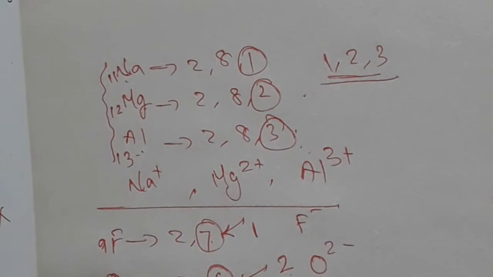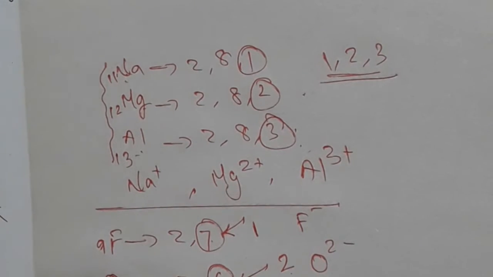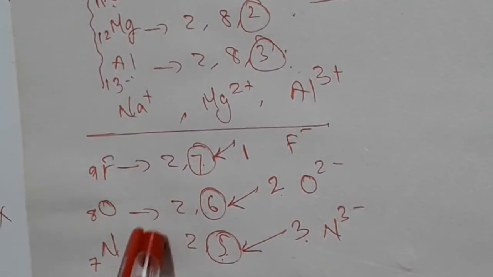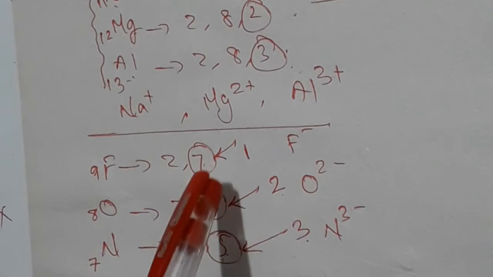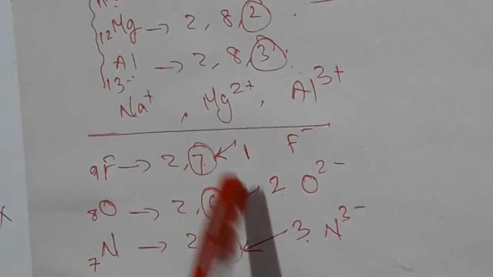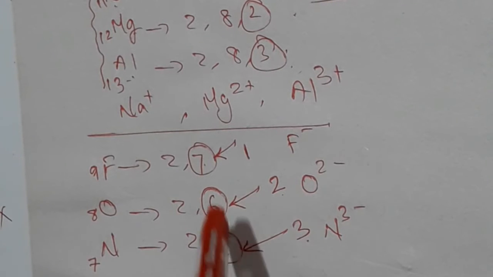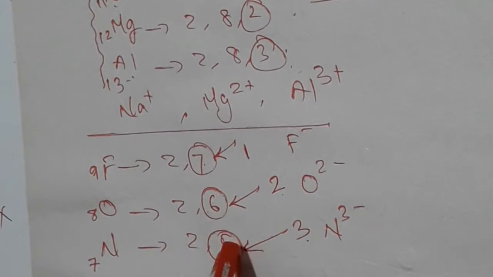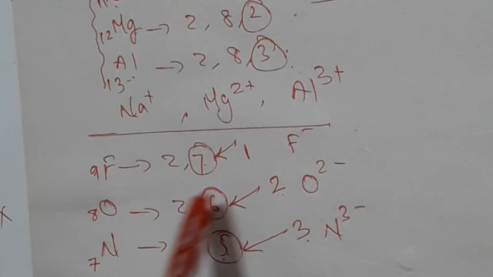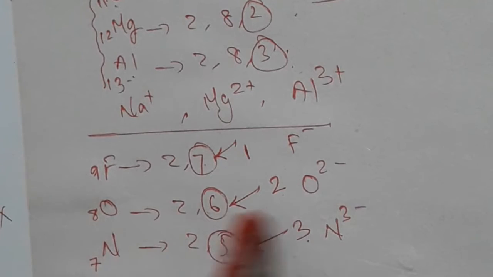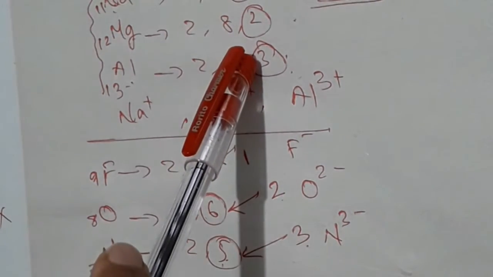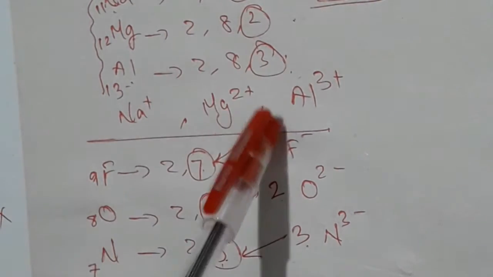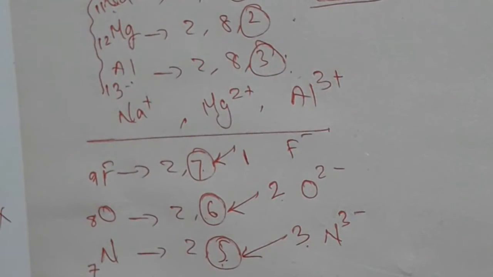Elements like fluorine, oxygen, nitrogen are non-metals, and their outer shell is 7, 6, 5, or 4. These are non-metals, and they make covalent bonds. These are metals, with outer shell 1, 2, 3.